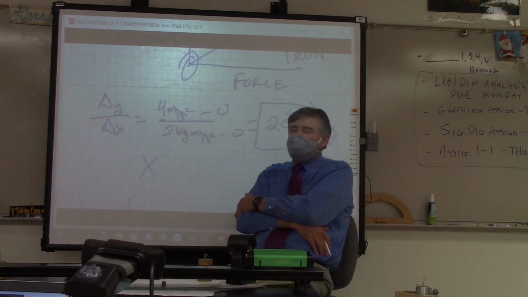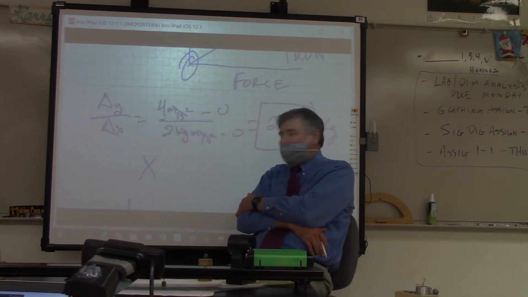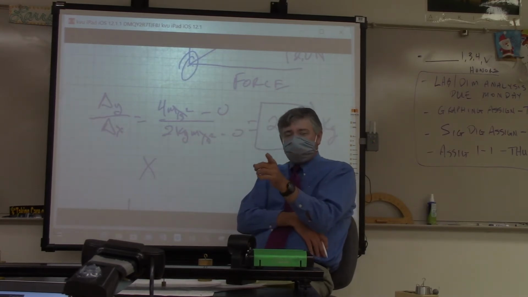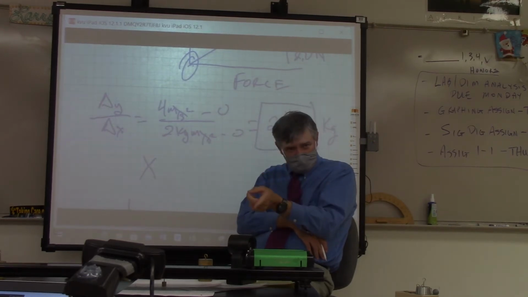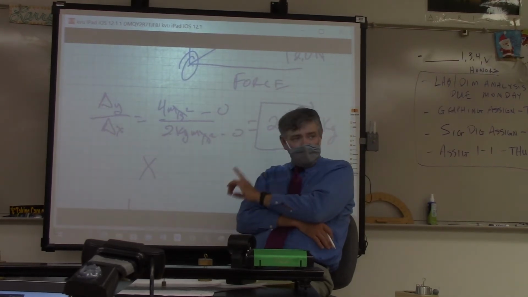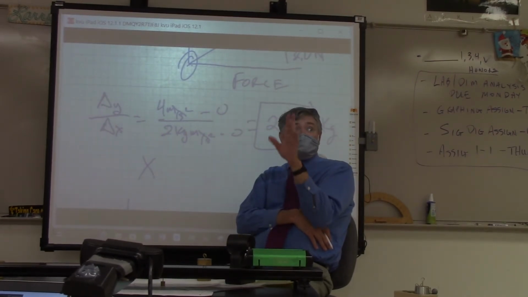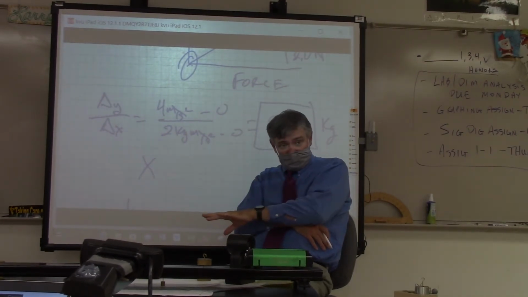Mass, not weight. Weight is measured in newtons, which is force. Kilograms is measured in mass. So the slope of this, if it was kilograms, you would say the slope of the line represents mass.